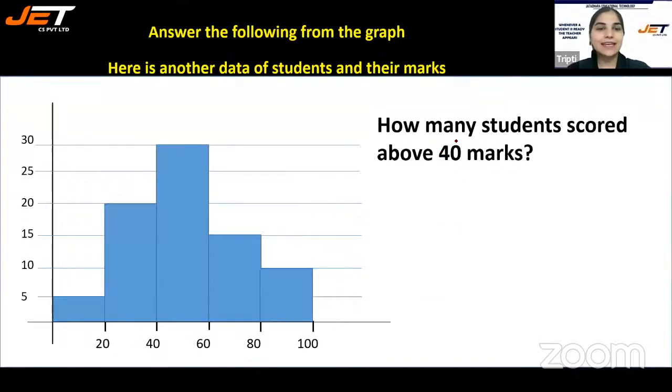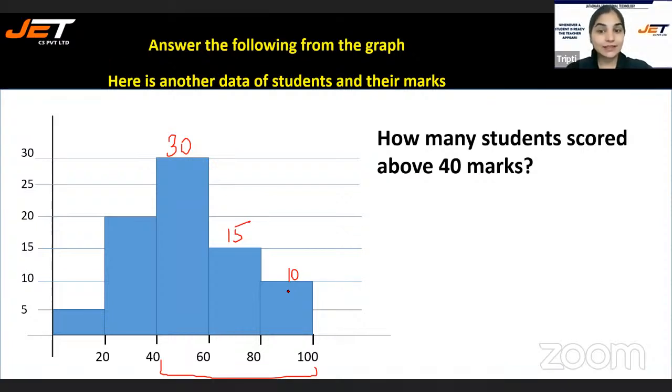Now this is another data of students and their marks. So how many students scored above 40 marks? So this above 40. That means 30, 15, and this is 10.